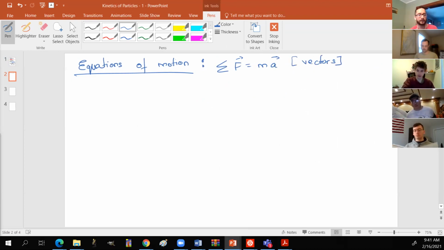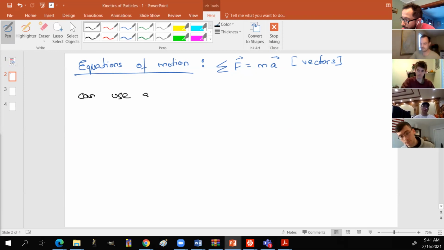What that means is you can express everything in vector form depending on the coordinate frames that you've chosen, or you want your equations typically in two perpendicular orthogonal directions. So what that means is that one can use scalar component equations.